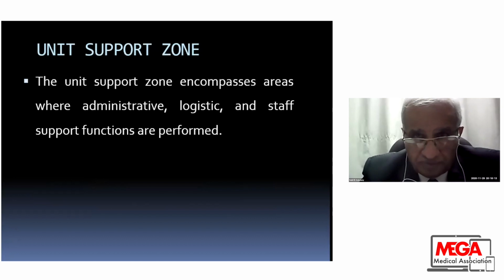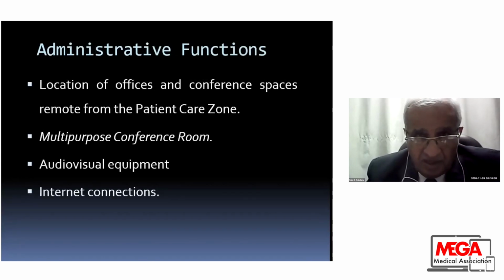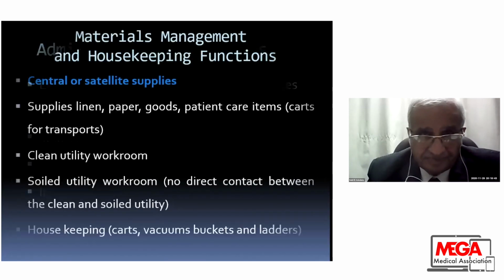Unit support zone. The unit support zone encompasses areas where administrative, logistic, and staff support functions are performed. Administrative functions: locations of offices and conference spaces remote from the patient care zone, multi-purpose conference room, audiovisual equipment, internet connections.